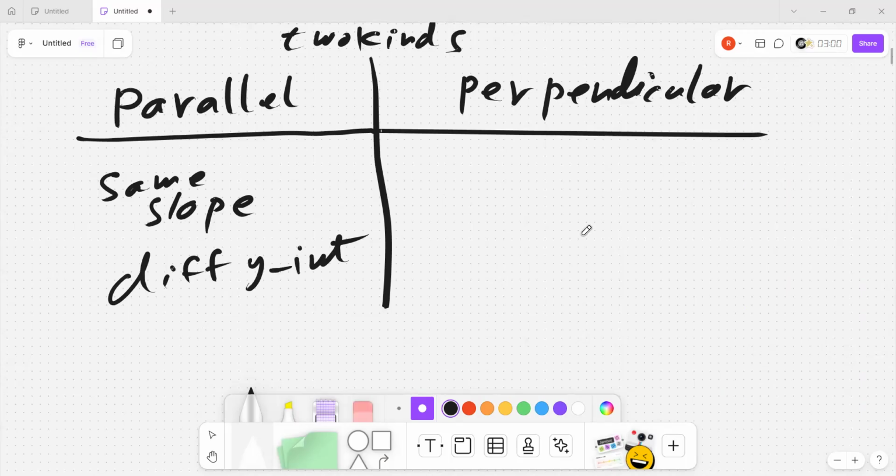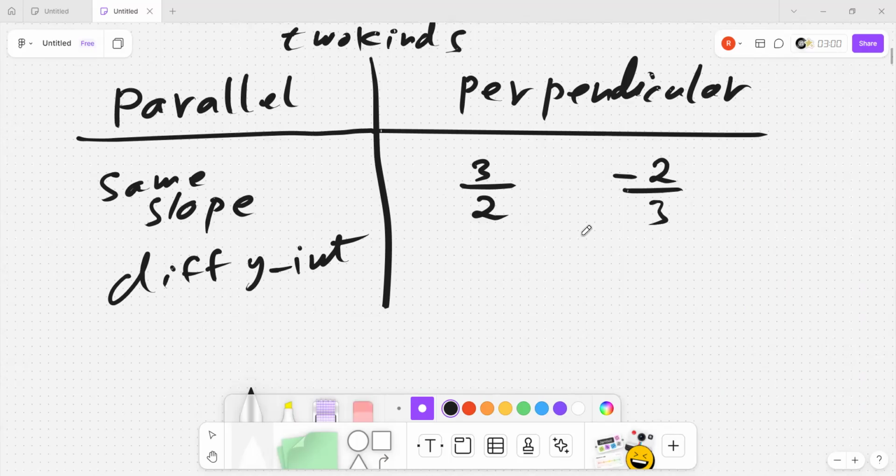But for perpendicular lines, let's say if one of them has a slope of 3 over 2, then the slope of the perpendicular one will be, do you remember? No, I'm confused. Negative 2 over 3.